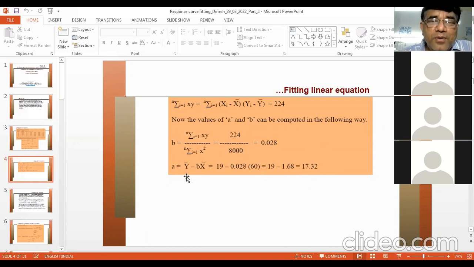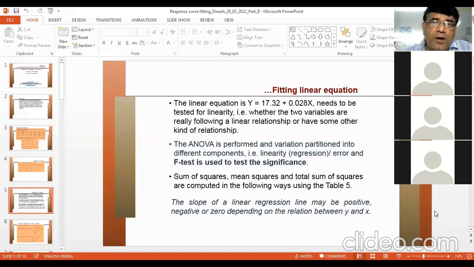Any issue up to now? No, sir. Okay. Now, the linear equation y is equal to 17.32 plus 0.028x needs to be tested for linearity, meaning whether it is linear or not. We have developed the equation, which is the best fit equation.